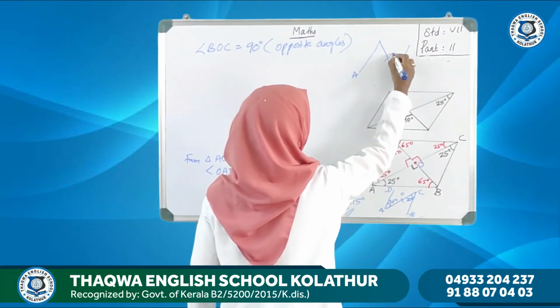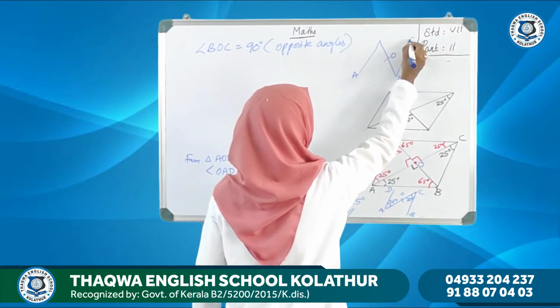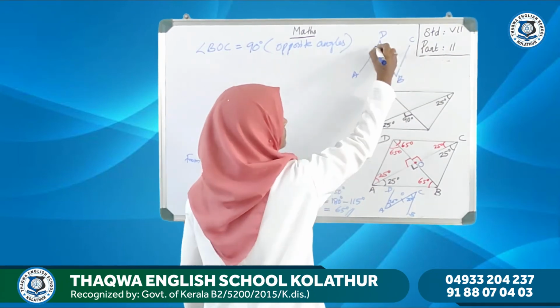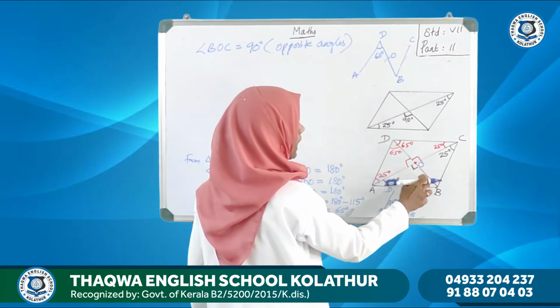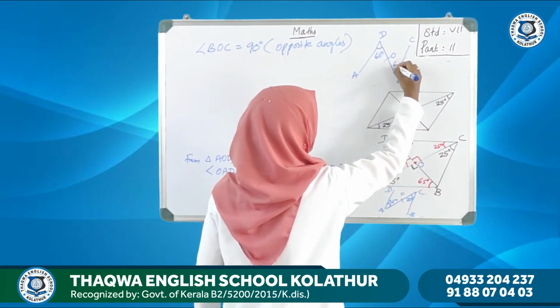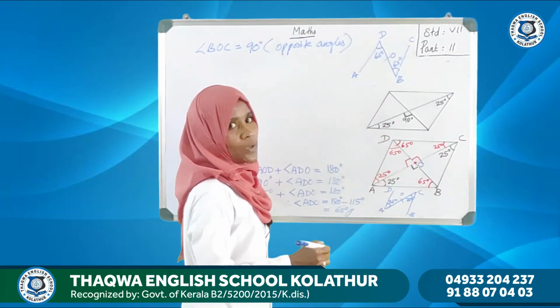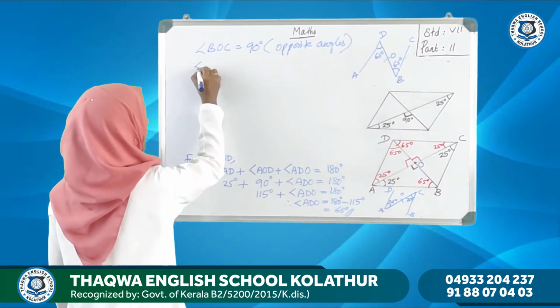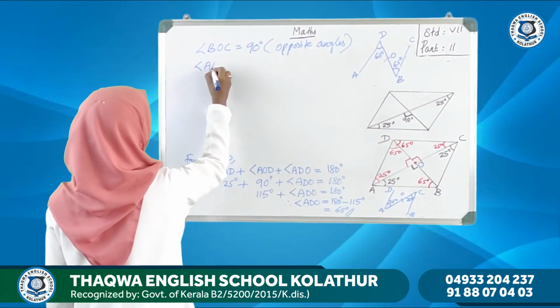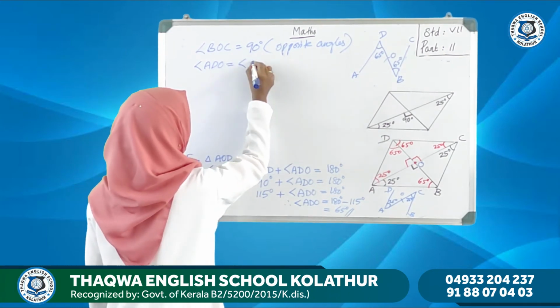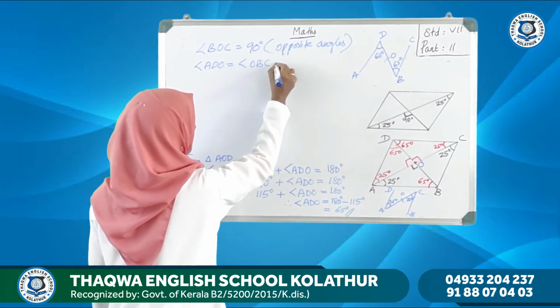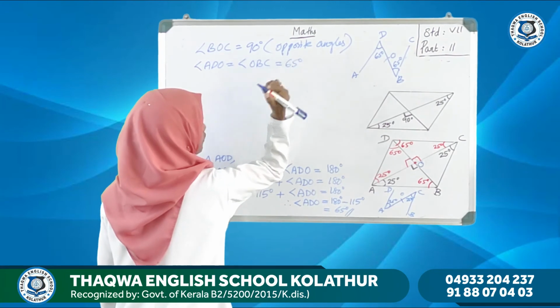ADO is 65 degrees, so angle OBC is also 65 degrees. Angle ADO equals angle OBC equals 65 degrees.